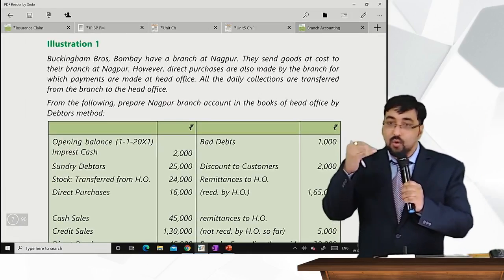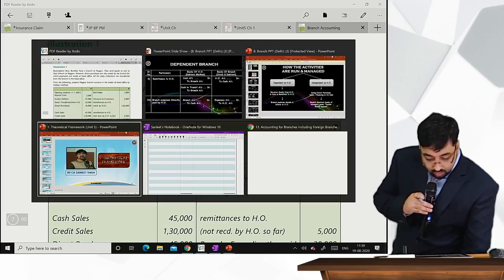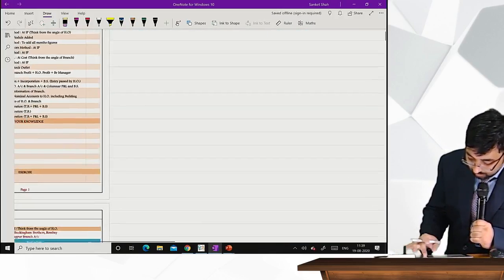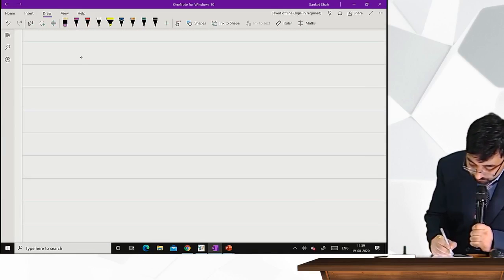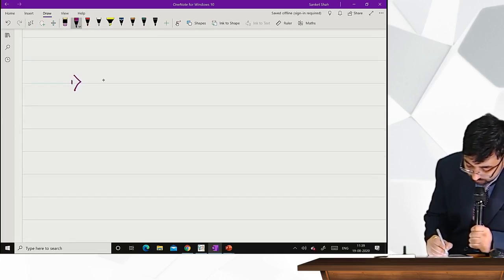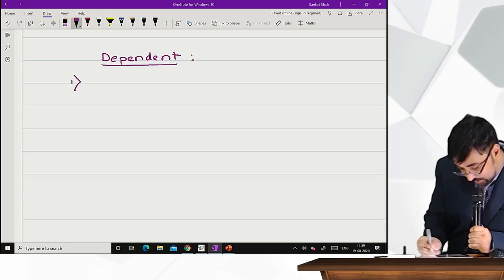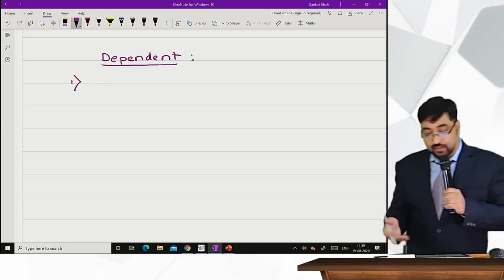First, how I will take all problems. You can write down this sequence. First one is dependent. For dependent, first I will complete with dependent, then independent.